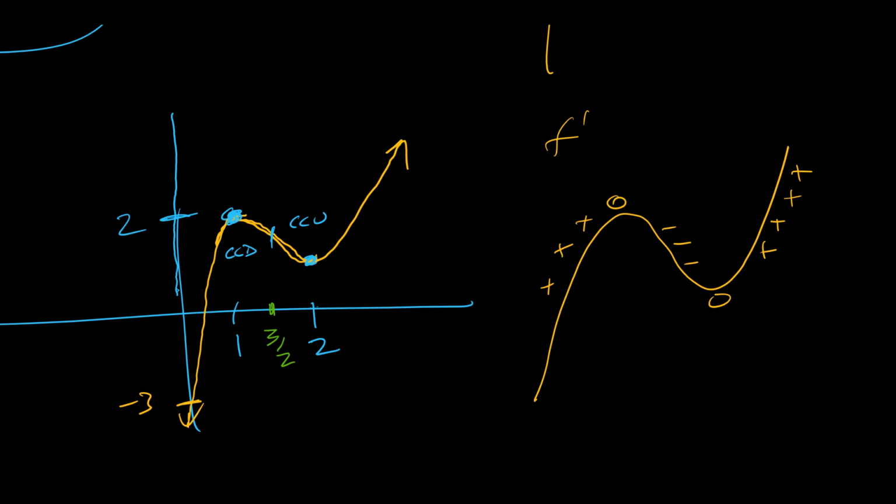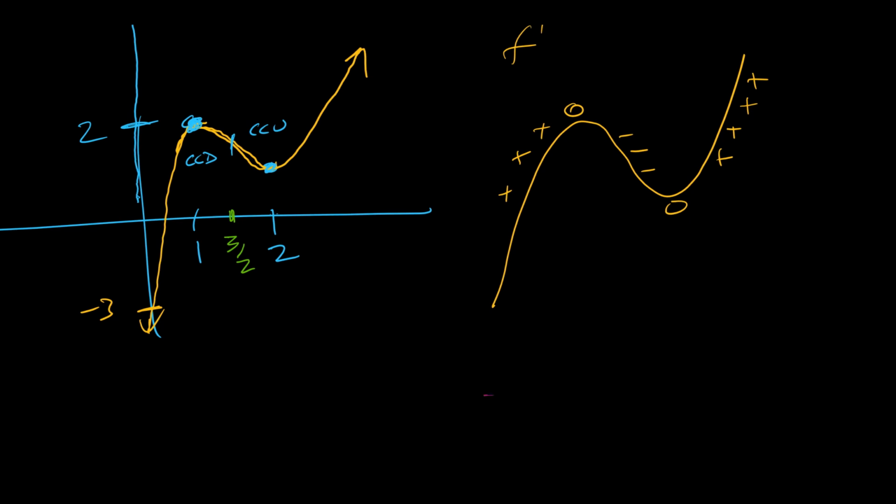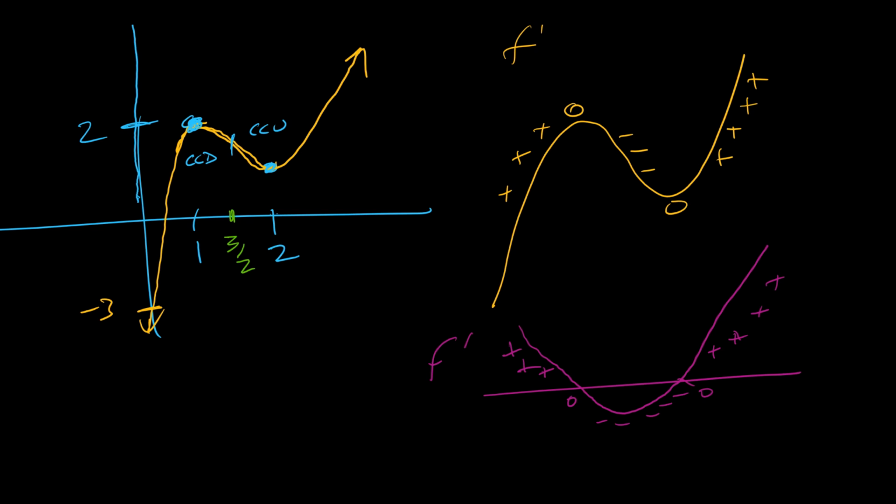So the first derivative, you could graph right below it. It's positive, then 0, then negative, comes up to 0, and it's positive again. This is the first derivative, with its own graph, and then 0, and then it's positive, positive, positive, all the way up.